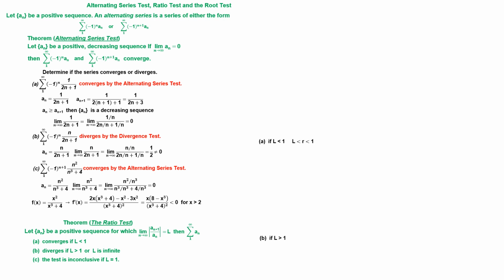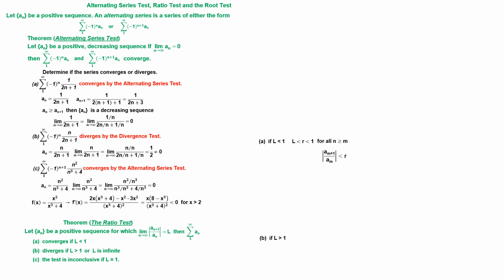Since the absolute value of the ratio of consecutive terms converges to L, there exists a number m such that the absolute value of the ratio of consecutive terms is less than R for all n greater than or equal to m.